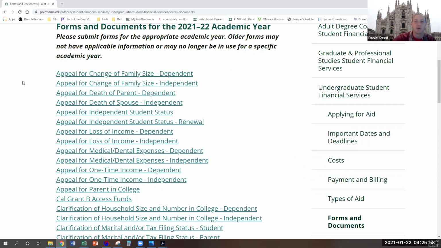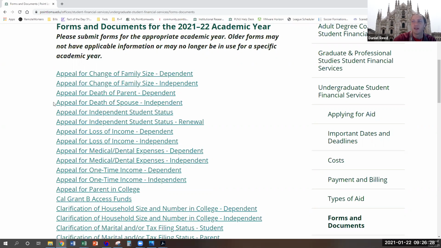If we're just talking about a change in family size, there's a new child or a new grandparent or something who moved into the household, an appeal for a change in family size looks at this form specifically. We don't need as much information on something like that as we do on something that's more income related. So it's trying to specify to the information that we actually need for that situation.